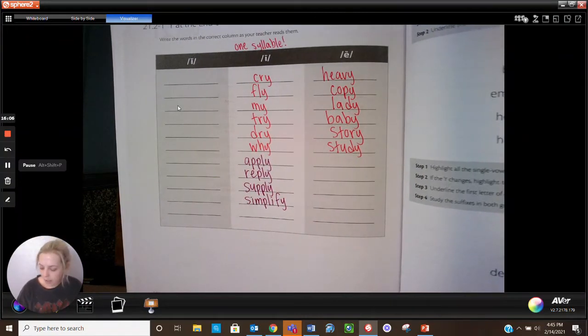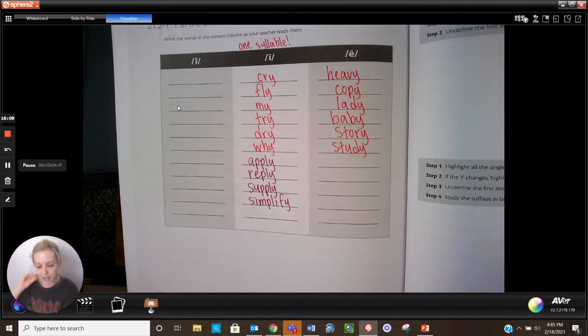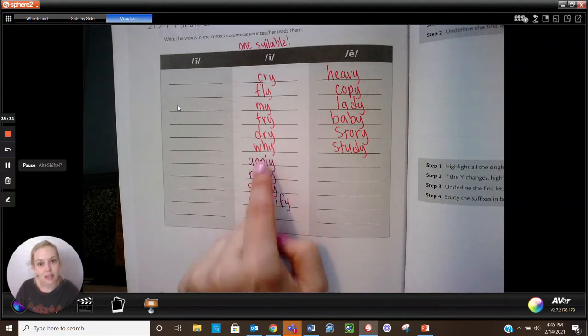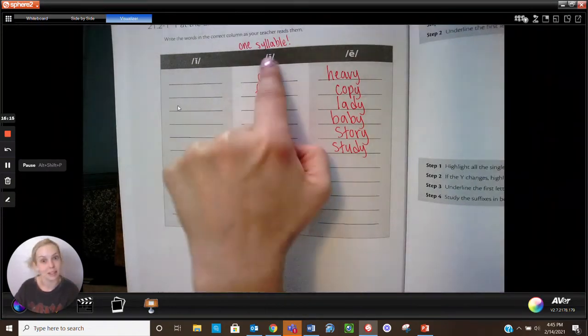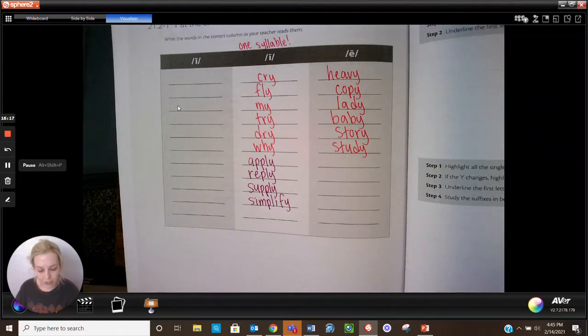So, what does Y say at the end of these multisyllable words, these ones I wrote in pink, but are in this column? Why do you think? Recall that syllables and words in English have varying amounts of stress. When a syllable is more stressed, the vowel sound is said more loudly and more clearly.